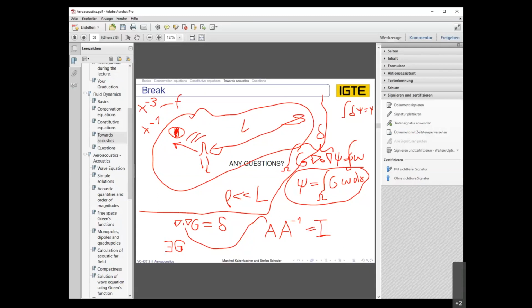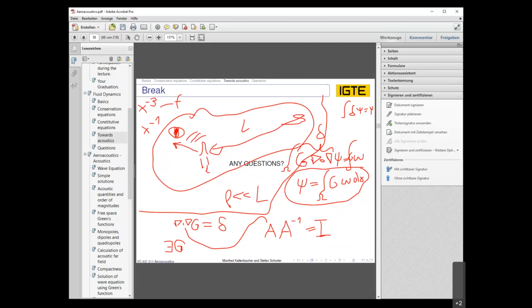Good. Any questions on that? So when you say we feel the sources, you mean some kind of flow or wind that does not travel to my head, but the sound itself does travel?